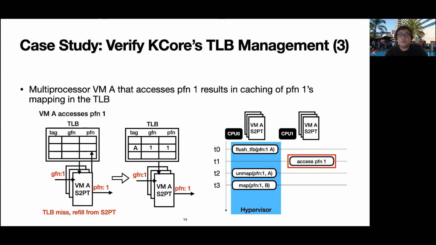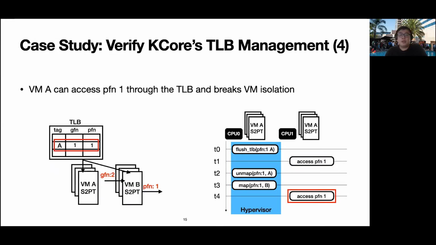A multiprocessor VM like VMA uses the same stage 2 page table on multiple CPUs. VMA running on CPU 1 accesses PFN1 after the TLB flush at time t1. The access results in the hardware refilling the entry for PFN1 from the page table to TLB. VMA can access PFN1 through the TLB even after KCore unmaps the PFN from VMA's page table and maps it to VMB. This breaks VM isolation.